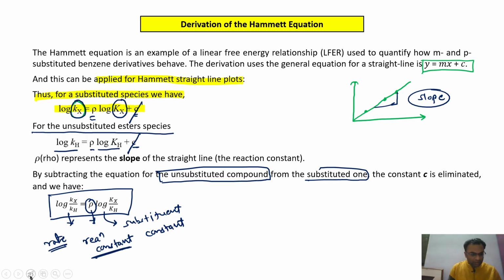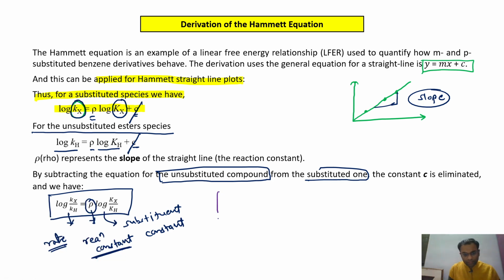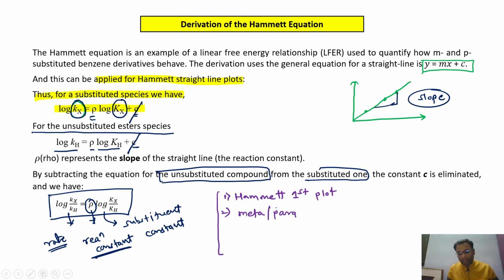So in summary, in this lecture we have discussed the Hammett plot. Then we studied that this Hammett relationship is only applicable for the meta and para, where only polar effect is responsible for the rate constant and ionization constant, and no steric effect is there.